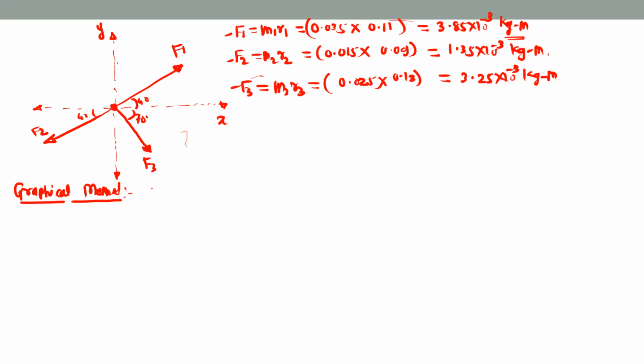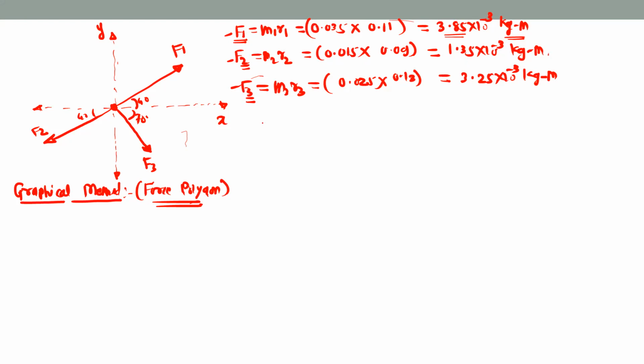So for the force polygon, we will convert these forces F1, F2, and F3 into force vectors by selecting a proper scale. Okay. So for that, you can observe here the maximum value is 3.85 and the minimum is 1.35. Okay. So you can select an appropriate scale so that you can draw these vectors F1, F2, and F3.